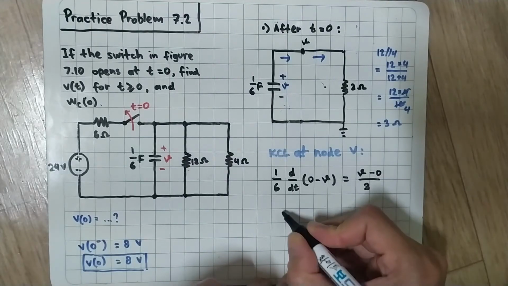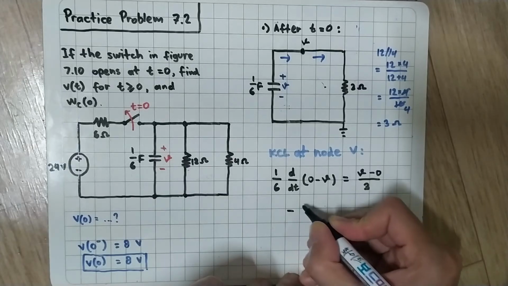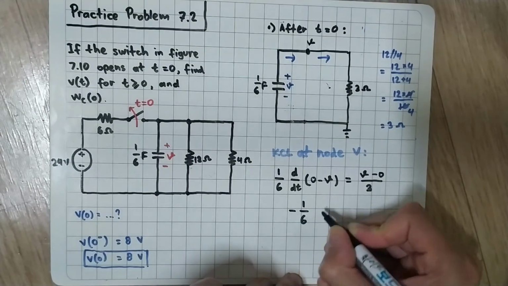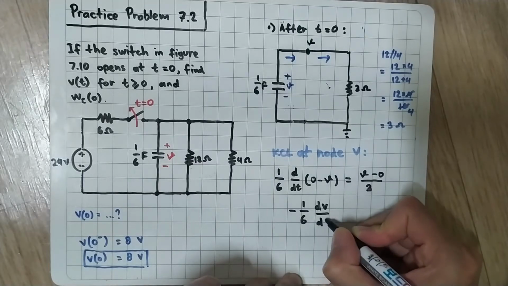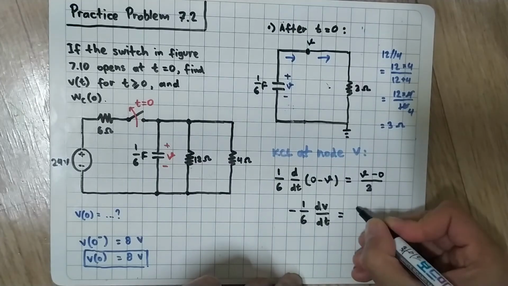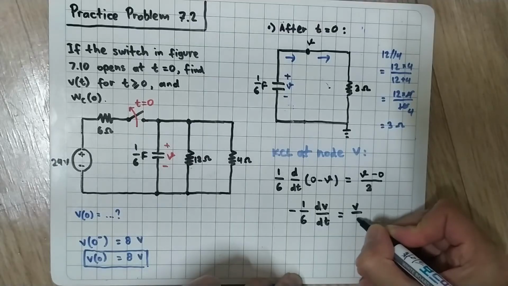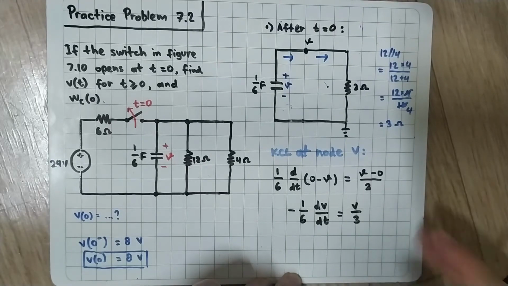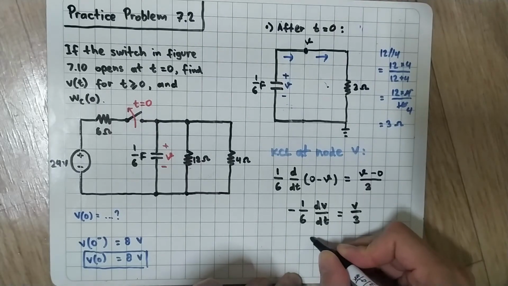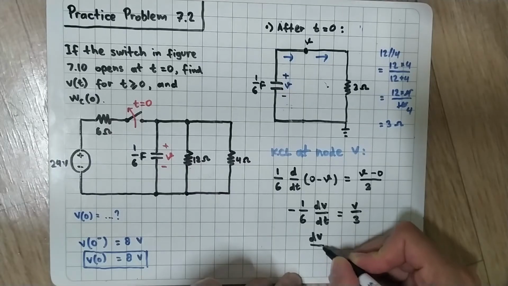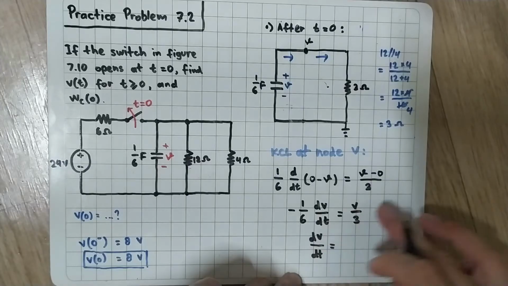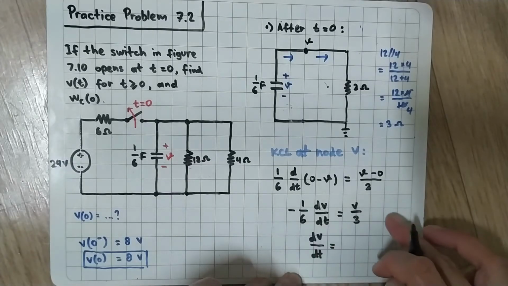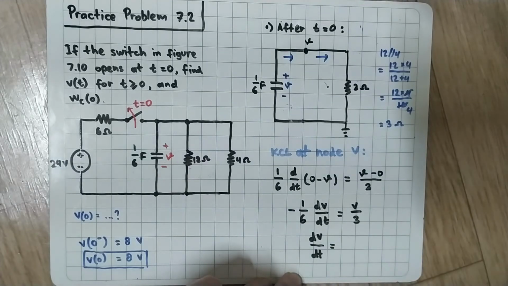Okay, so now I want to isolate the V here. So I will have minus 1 over 6 dV over dt is equal to V over 3, and so I will have dV over dt is equal to, we can multiply both sides by 6, so I will have minus 2, right?